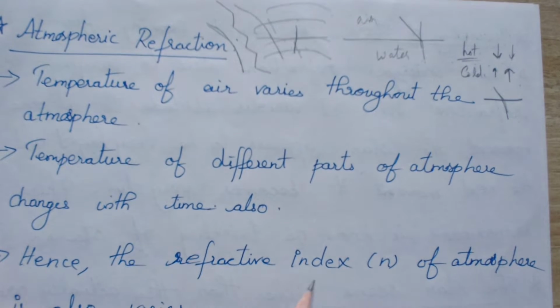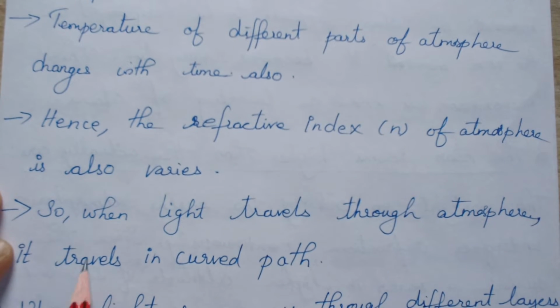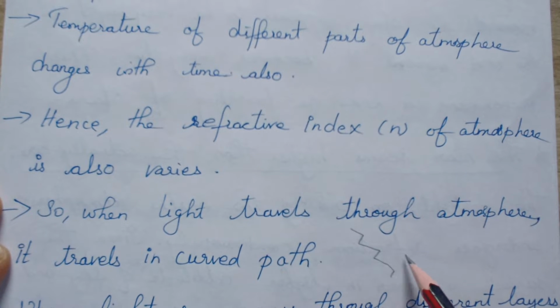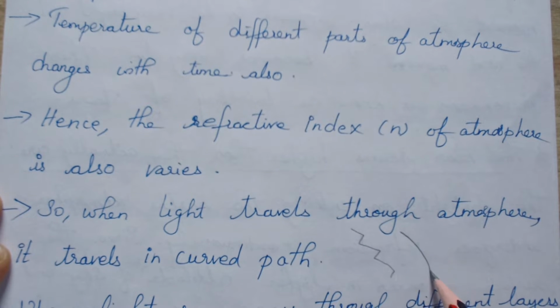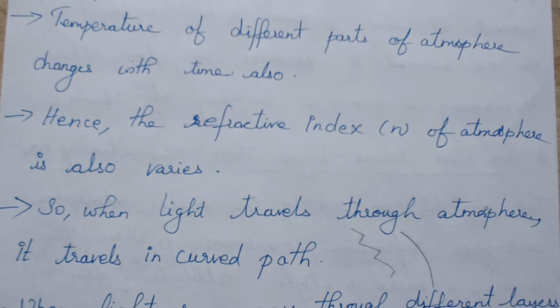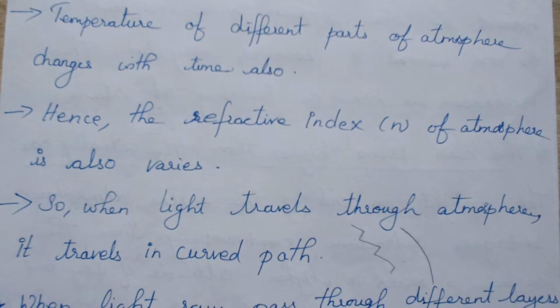Hence the refractive index of the atmosphere also varies. So when light travels through the atmosphere, it travels in a curved path, because so many refractions have occurred, and we receive this as a curved path, not as a straight line. You know that light travels in a straight path, but here we consider that light travels through the atmosphere in a curved path.